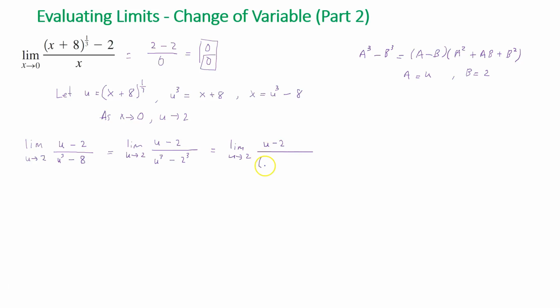The bottom is going to become (u minus 2) times (u to the power of 2 plus ab, so a is u and b is 2, so 2u, and then plus b squared, so b is 2, so 4).